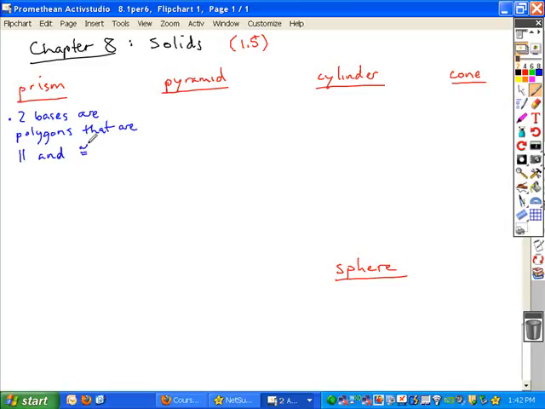Okay, now these polygon bases are connected to each other by lateral faces that are parallelograms.